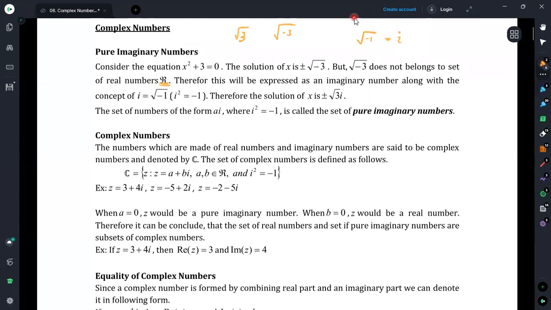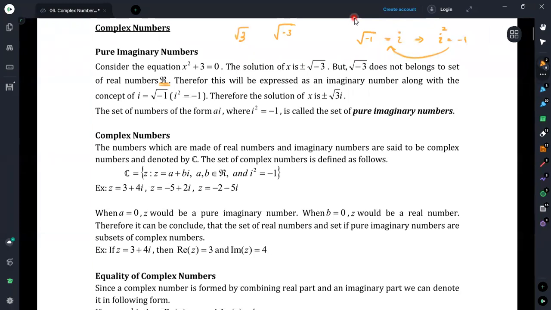Using this concept, we define i squared equals minus 1. In the reverse way, we get i equals square root of minus 1.